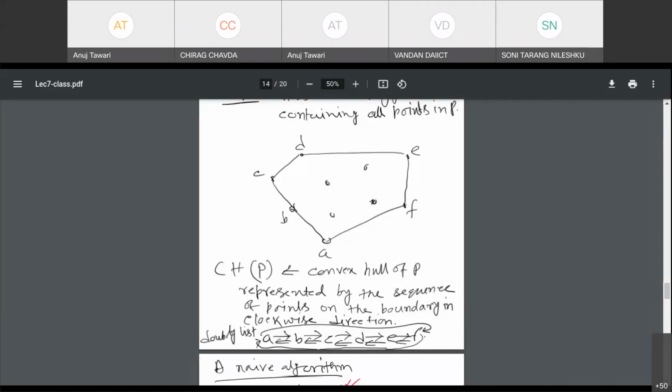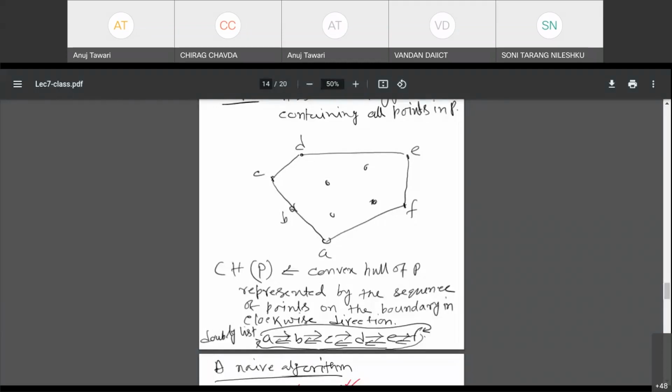Sir, here can we use the approach that we have the set of points and we can construct a circle and increase its radius until all the points are enclosed within it, and just find the polygon that matches the closest with the polygon of those points.